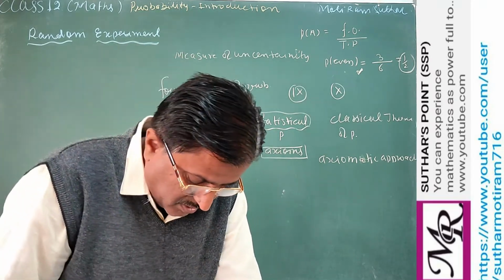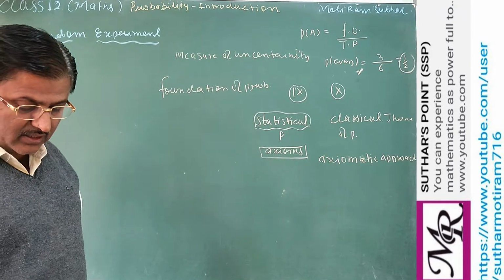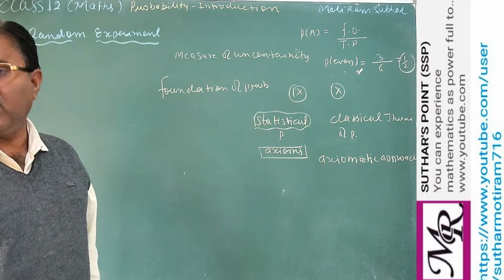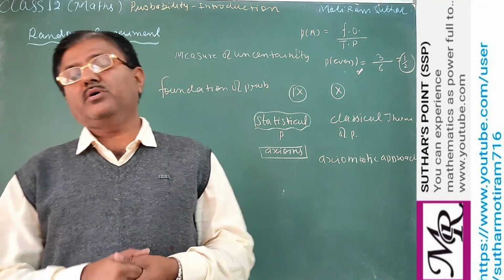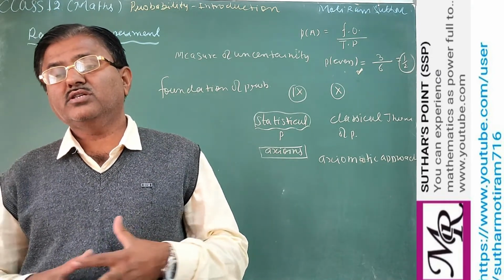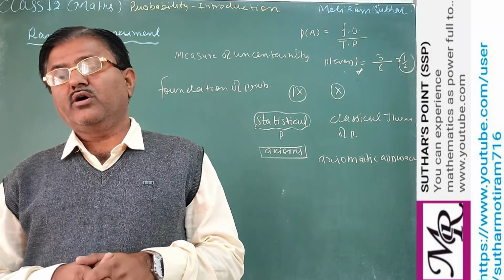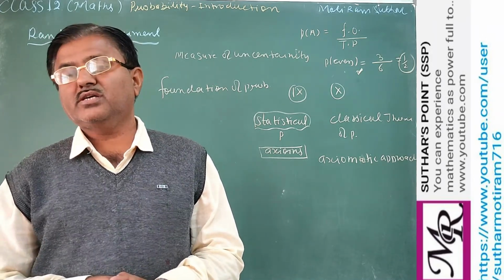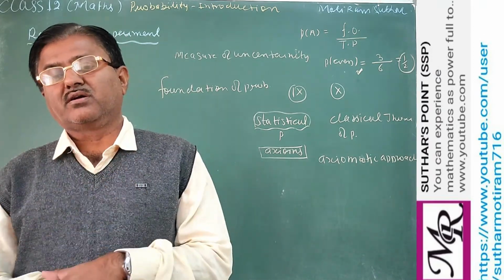For an experiment to be called random, there are two conditions. It has more than one possible outcome. Like in a general experiment, you always have one possible outcome. Clear? When you do the titration of any compound or chemical, the final color of the titration should always be pink.